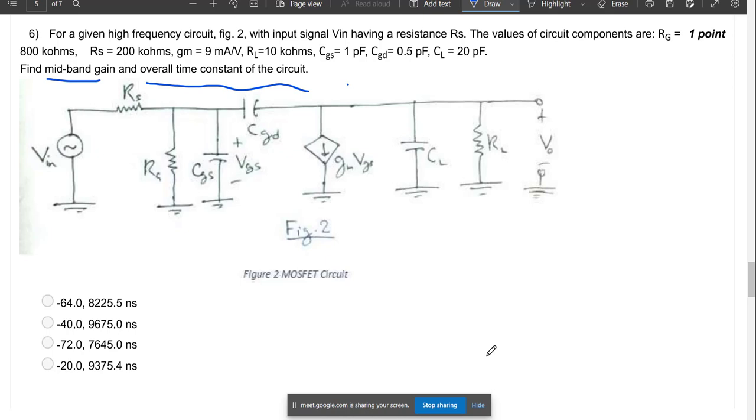How much time is left? How much time did I give you? Okay, I will give you 4 more minutes.